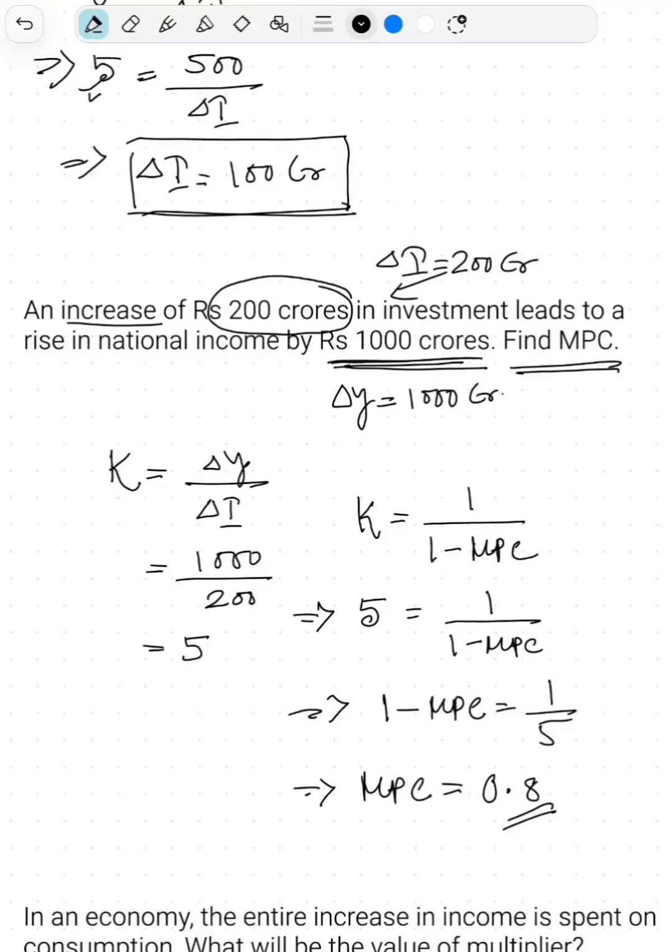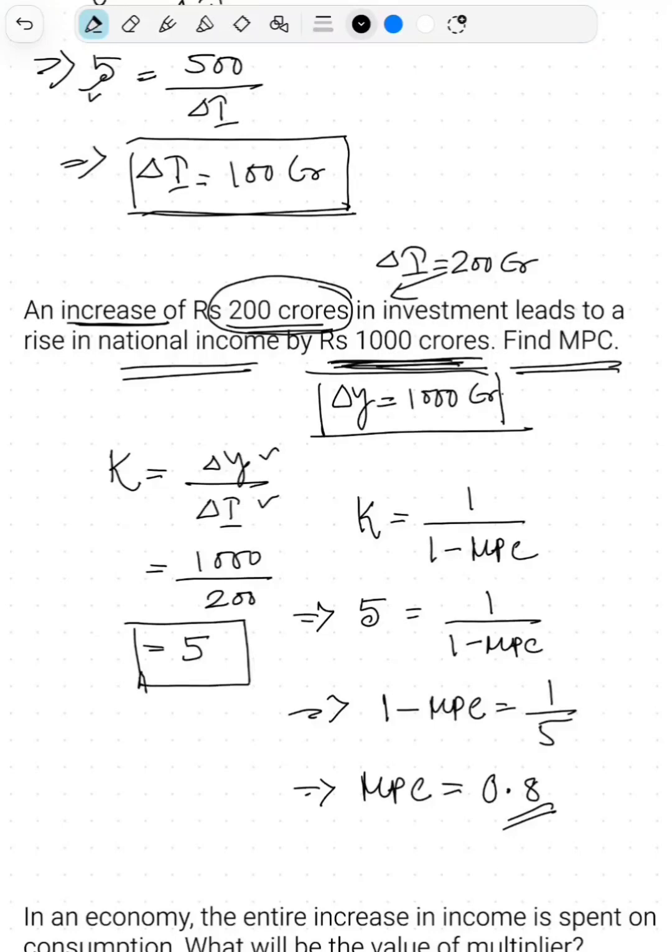So again I am repeating, an increase of 200 crores in investment, which is the change in I, leads to a rise in national income by 1000 crores. This is your change in Y, change in income. Next, we have used the formula to find the multiplier, change in Y divided by change in I, and it is 5.